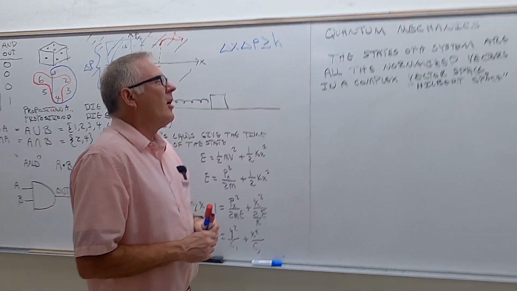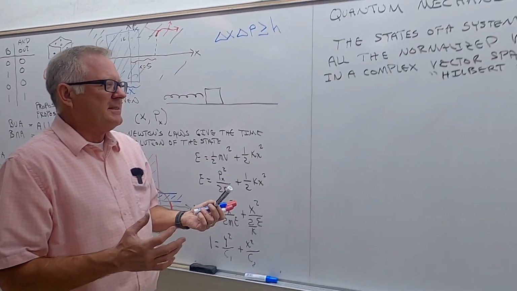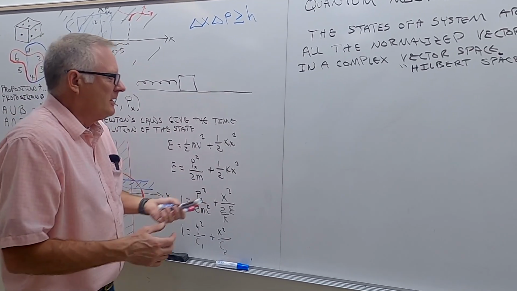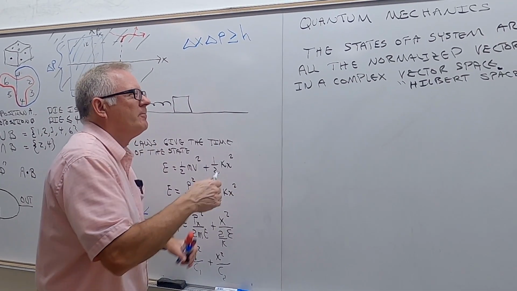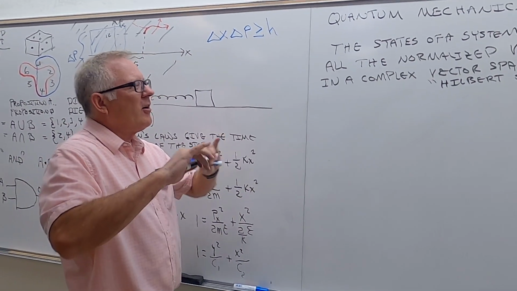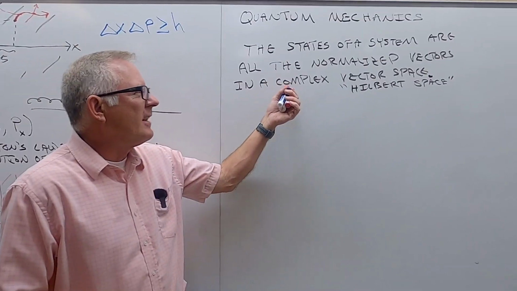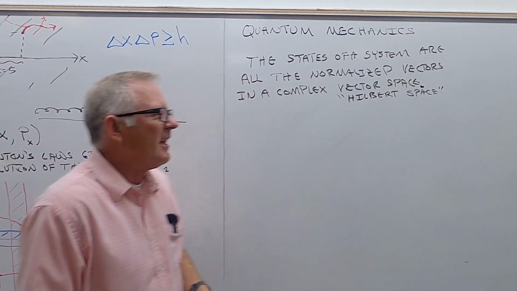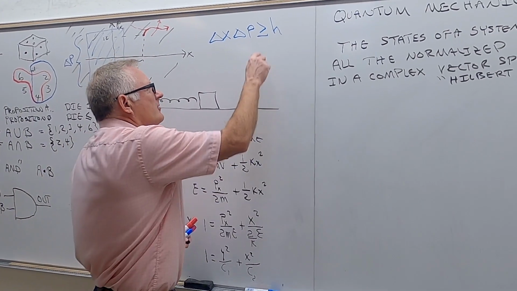And then we want all the normalized vectors in that vector space. Now, just to give you a little idea, suppose we wanted to figure out what all the states are of a system, normalized vectors, instead of a complex vector space, let's just say a 3-dimensional real space like you had in 4A. So what would that be?